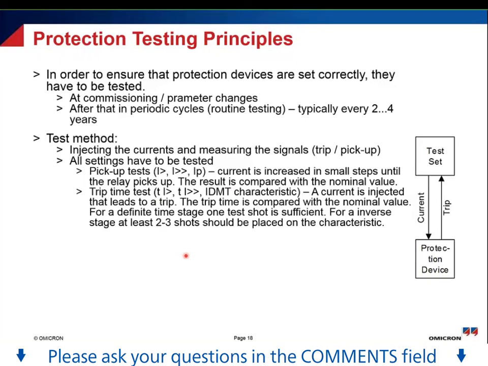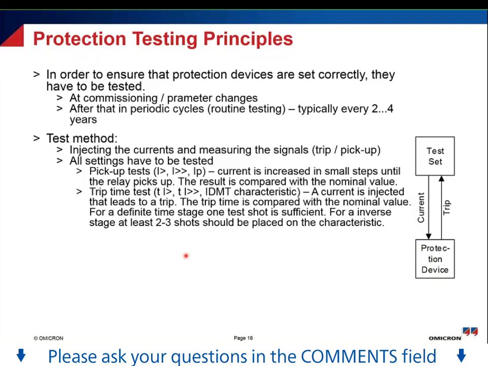So you inject a current that is higher than the pickup current to get a trip, and then you measure the trip time. And the result of this measured trip time will be compared with the nominal trip time that should be in the relay. And if they match, everything's fine. If they don't match, it's not that good.